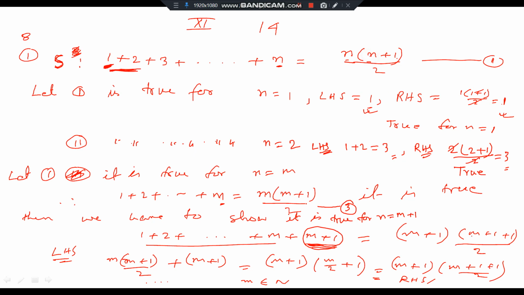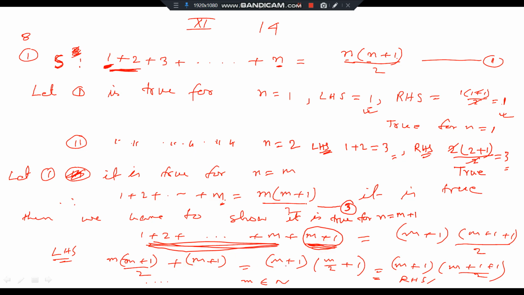So m plus 1 into m plus 1 plus 1 by 2. Now see, up to this is a formula. By 3 we can tell that 1 plus 2 plus 3 dot dot dot m equals m into m plus 1 by 2. So here you put m into m plus 1 by 2, and at last m plus 1.